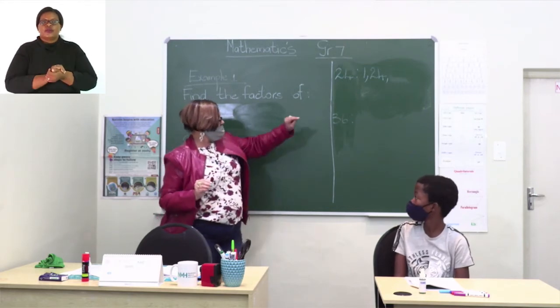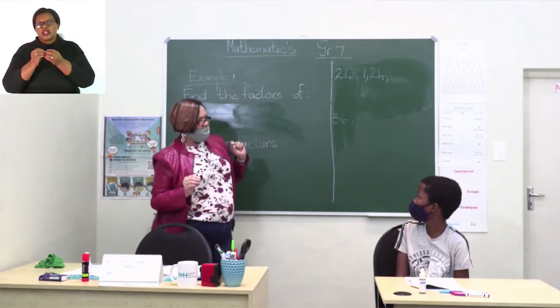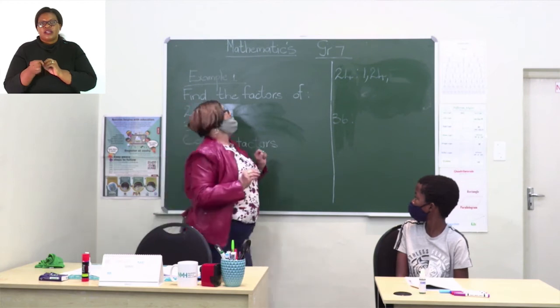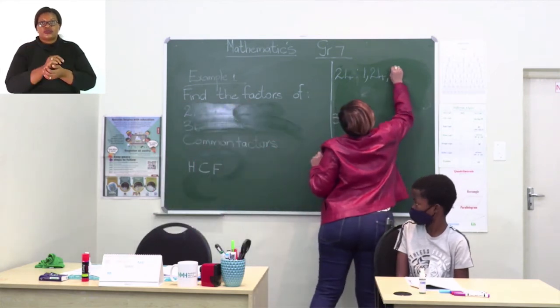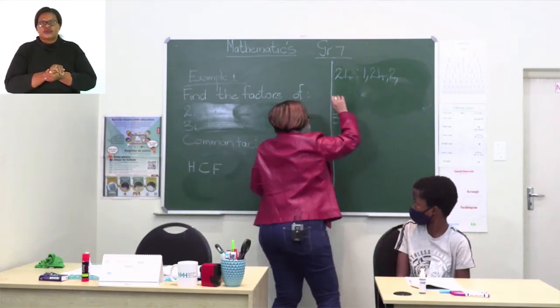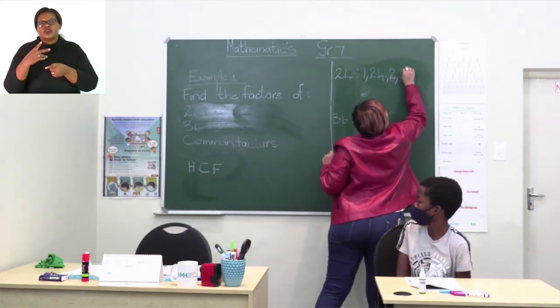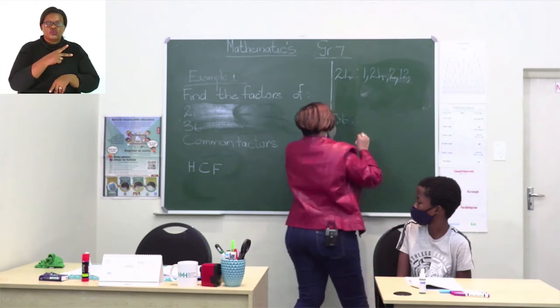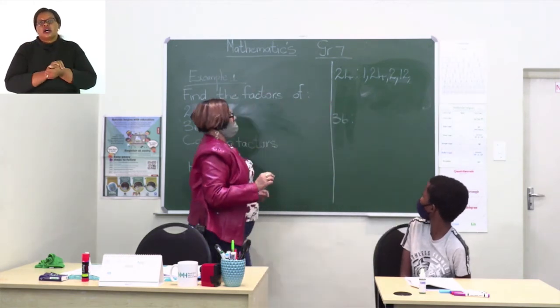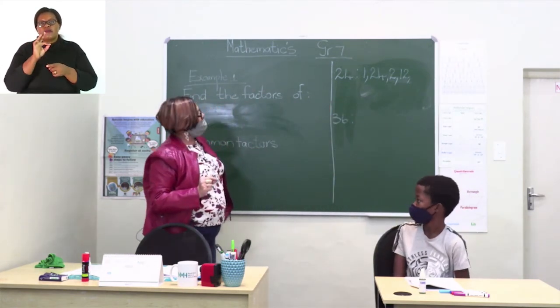Any other numbers that can divide into 24 without leaving a remainder? 2. 2 divided into 24? 12 times. So 2 as well as 12 are factors of 24.